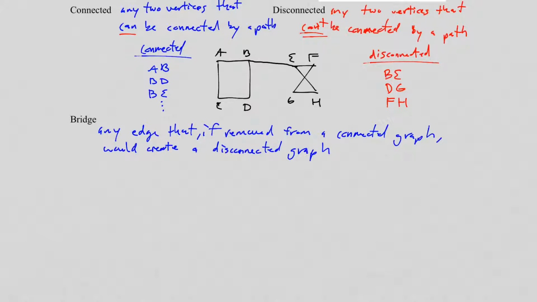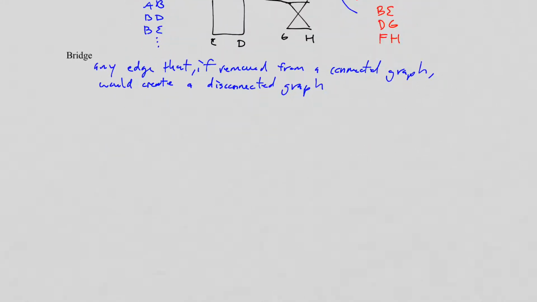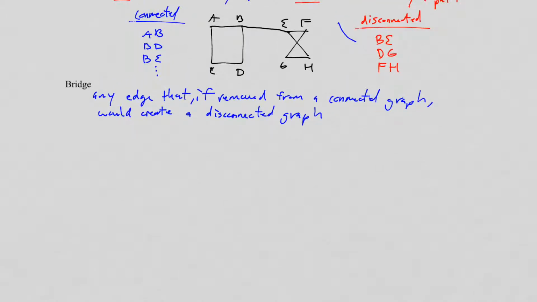Okay? So right here is a bridge. BE is a bridge. So that will be a connected graph.